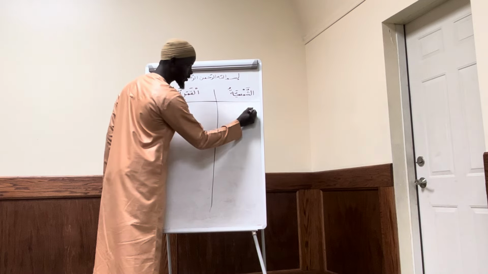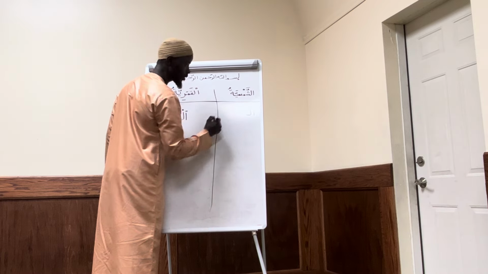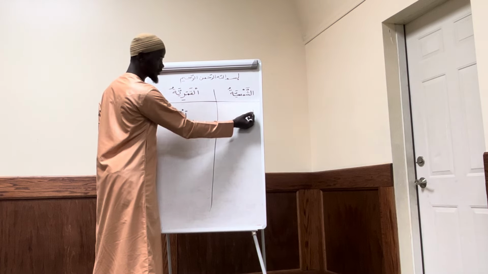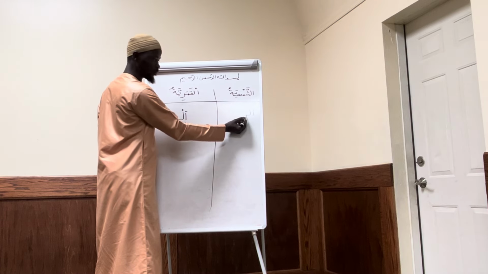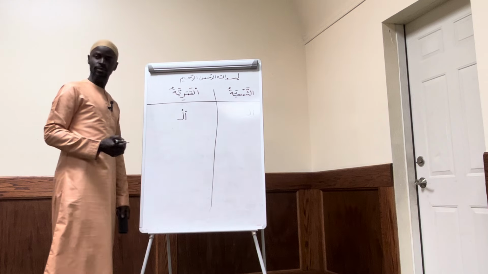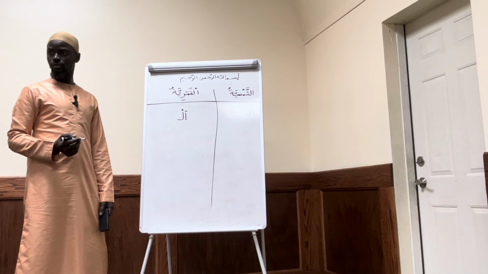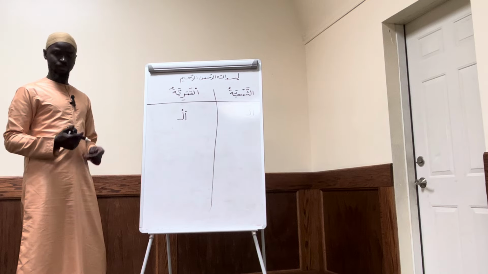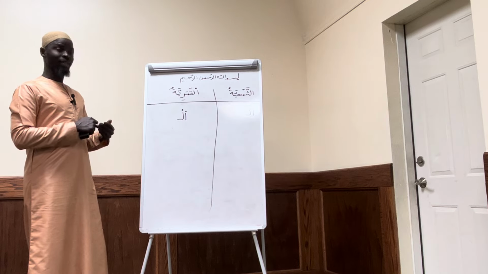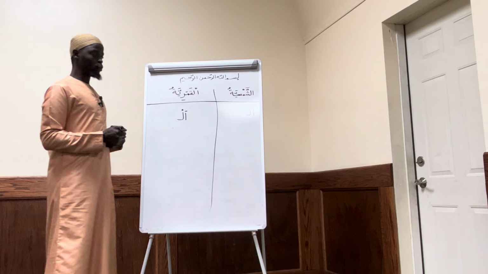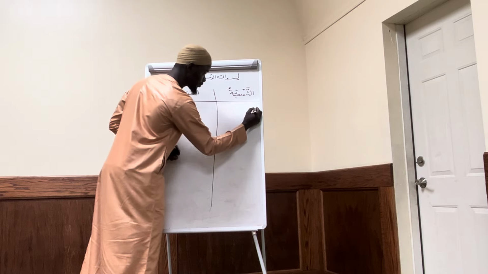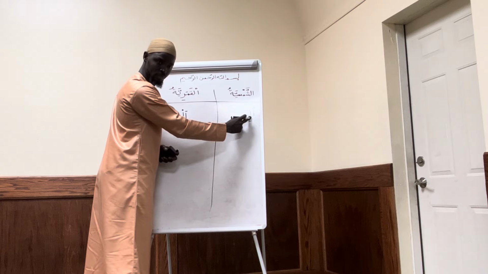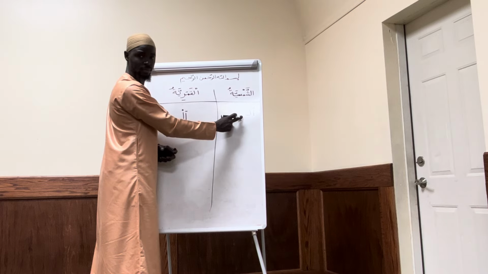The sun letter, you read the alif, you skip the lam, then you read the next letter. You understand that, Adam? So again, the sun letter, you read the alif, and then you skip the lam, and then you read the next letter.